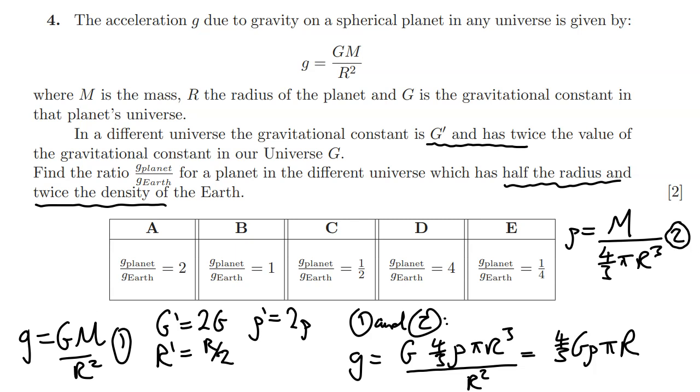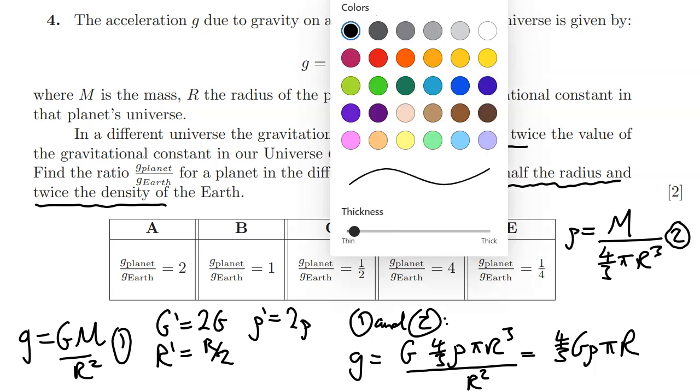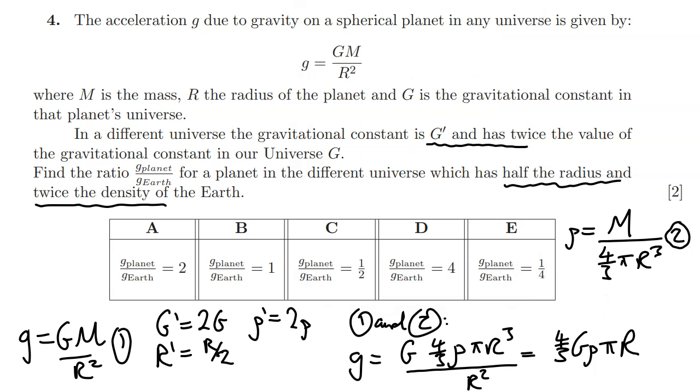Okay, so this is good. We now have g in terms of rho and r, which, as you can see here, I'll use a different color. These are the things we're given in the question.